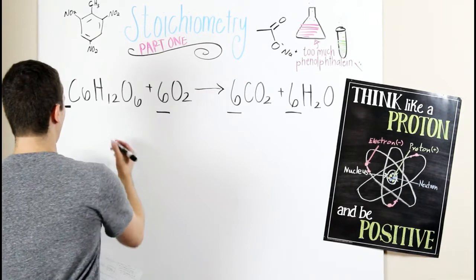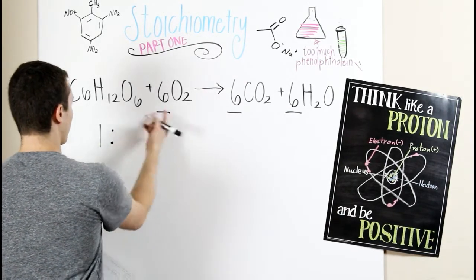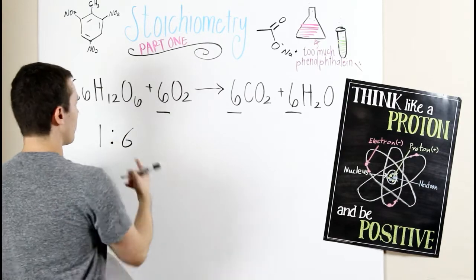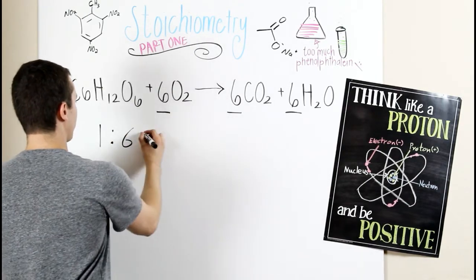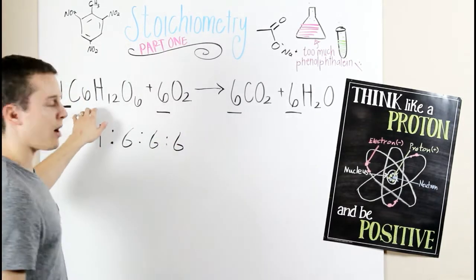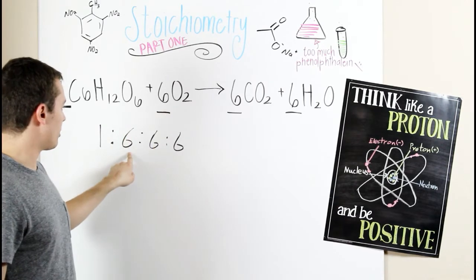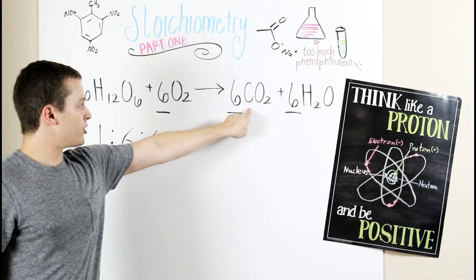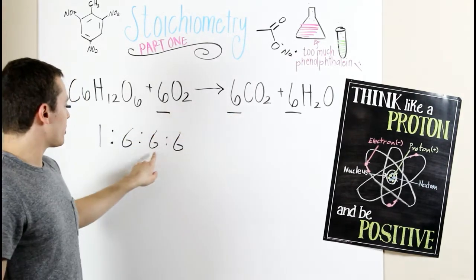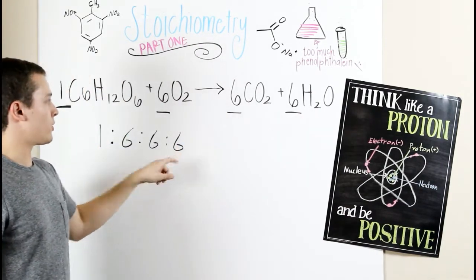So for every one thing of glucose we have a ratio of 1 to 6 with O2, and we can continue it further from there. For every 1 molecule of glucose, I have 6 molecules of O2. I produce 6 molecules of CO2, and I also produce 6 molecules of H2O.